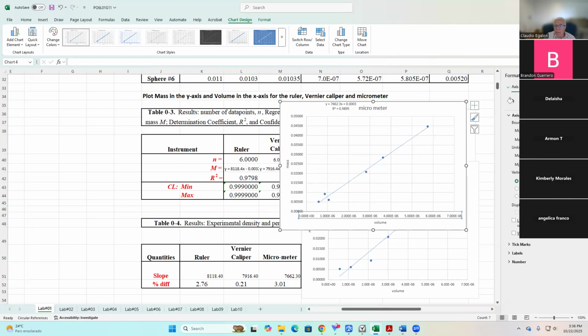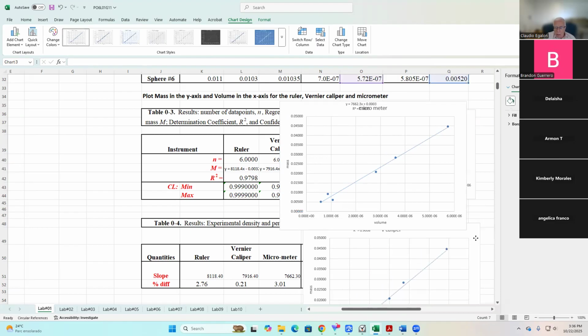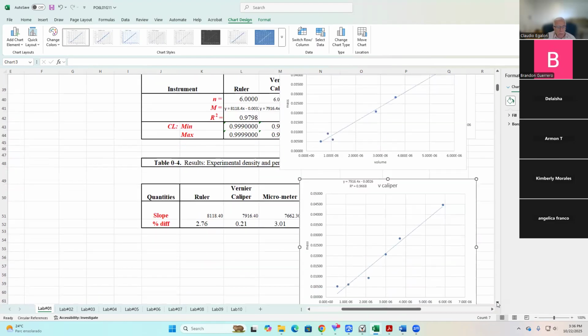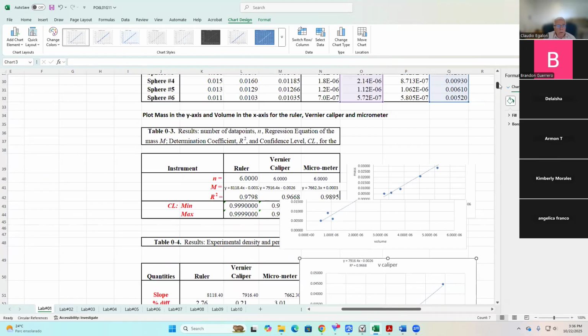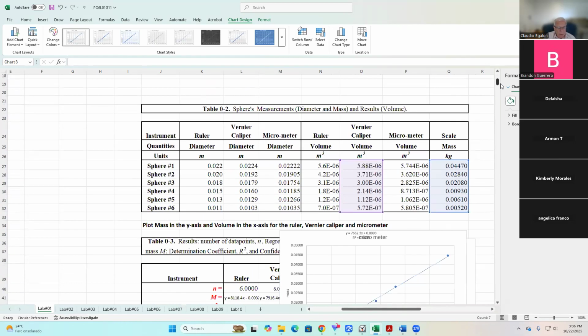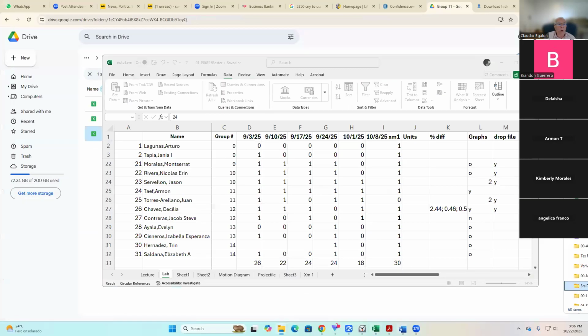Instead of 7 times 10 to minus 6, put 6 times 10 to minus 6. Okay, here looks okay. There's nothing much. You did most of that. You did well. Okay, group 11. Let's go for group 12 now.